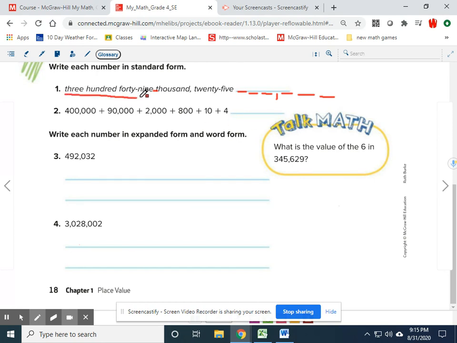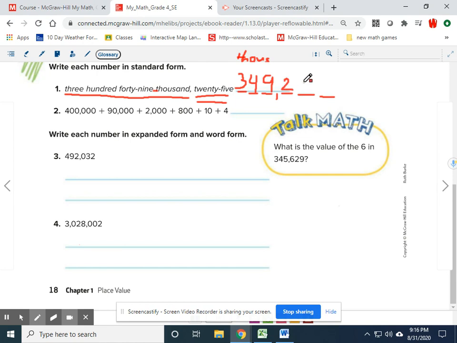So let's just focus on this number right here, 349,000. So when I hear 349, I know that I can put a 3, a 4, and a 9. That's 349. Now I also know that it's in the thousands, period. So I would say 349,000. Now my next number is 25. So this one's a little more challenging because 25 is just 2 digits.